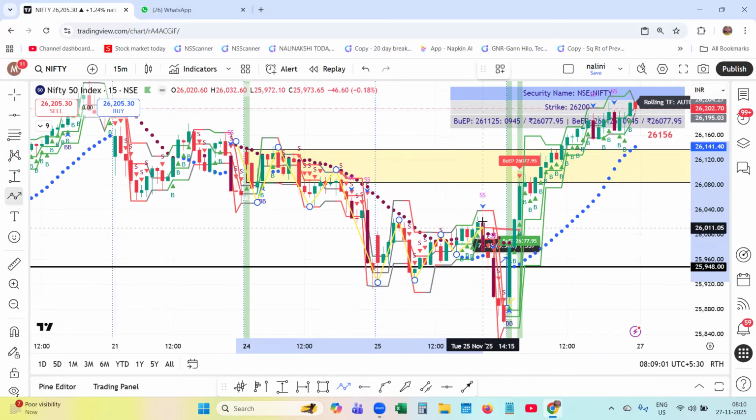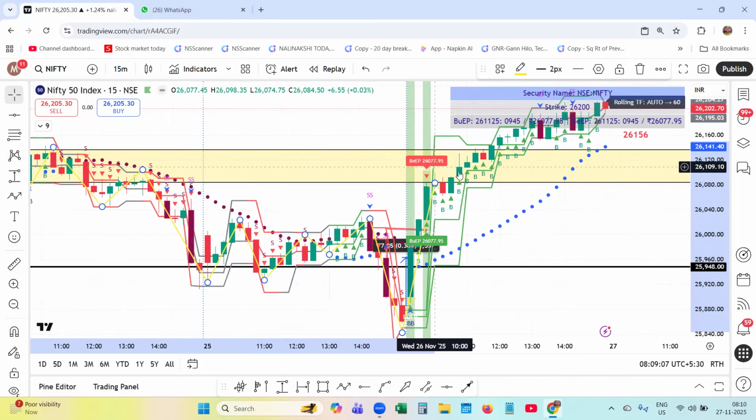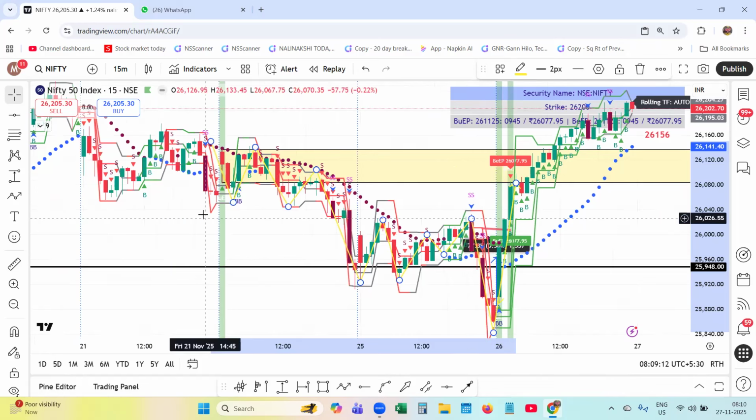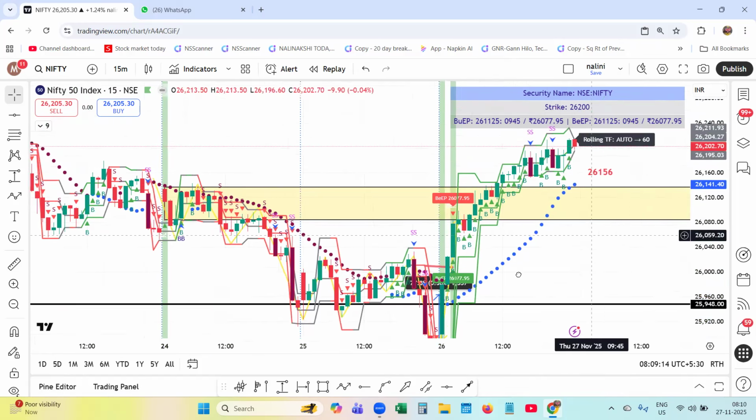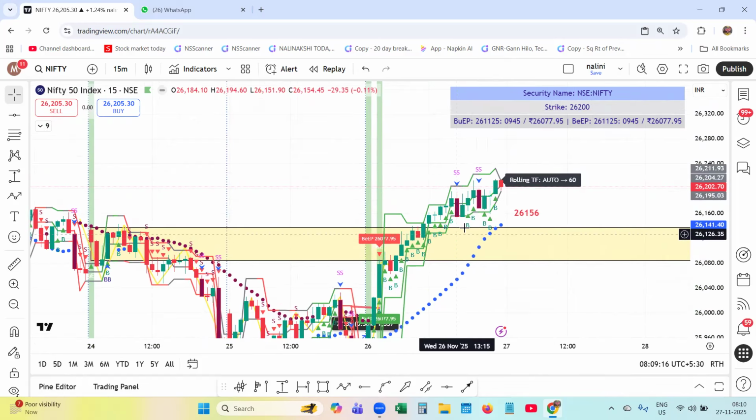And here it was a complete breakdown and the market moved higher. So a bullish EP was formed over here, and it showed that it conquered this area and price started moving higher. So now this is the flip zone. 26,136 is the flip zone, and it is a reference point now for the next day.